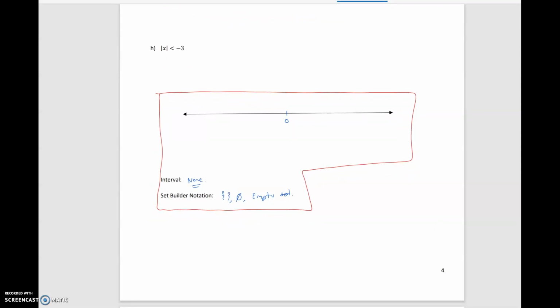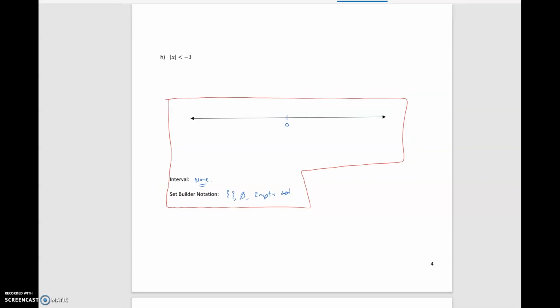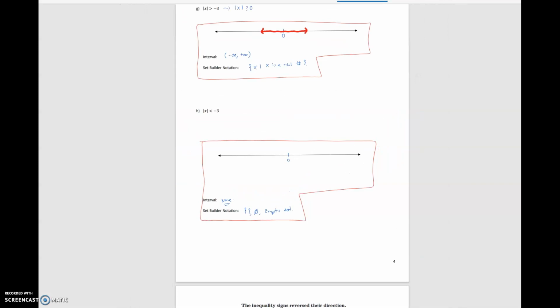Now, if they're asking for a graph, we would basically still write the number line, put 0, but no shaded values. And if they're asking for an interval, we would typically put none or no interval in this answer. Set builder notation, the empty set, which is typically the squiggly brackets with no values in it, or a 0 with a dash, or simply write the empty set. So in this case, H is one of those problems that doesn't have a solution.